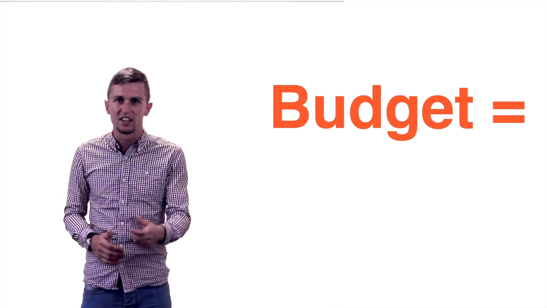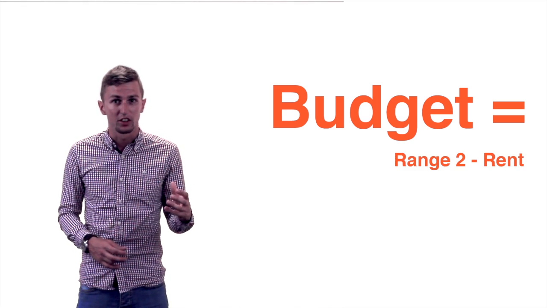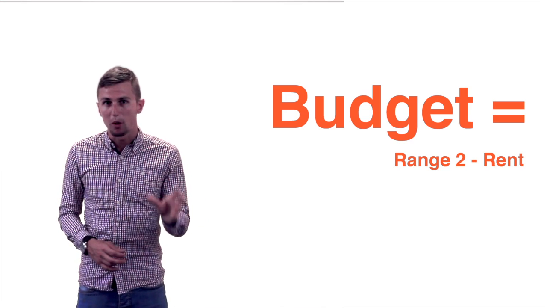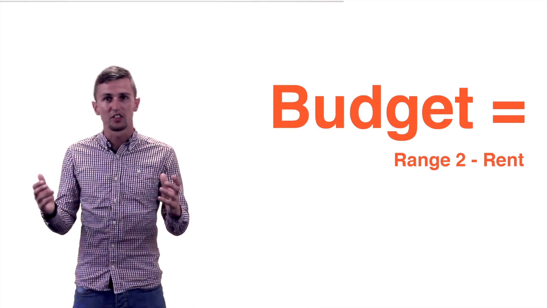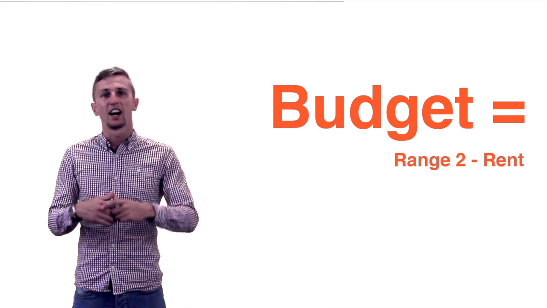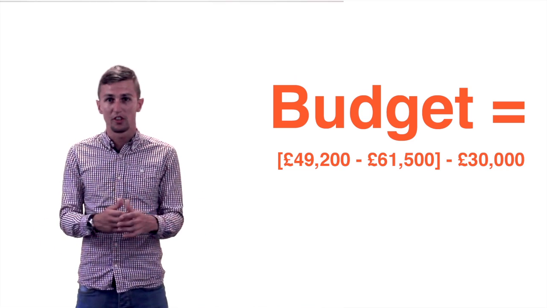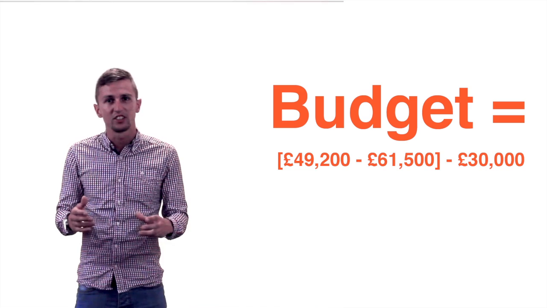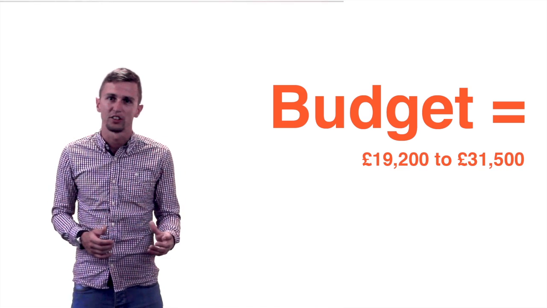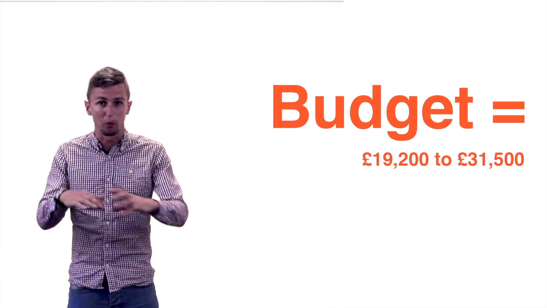All you have to do to come up with your actual marketing budget range then is to take away the rent figure that you came up with at the beginning from both of those figures. So we end up, in this case, for a business with £500,000 projected turnover and 45% gross profit margin with rent of £30,000, we end up with a marketing budget range of £19,200 to £31,500.